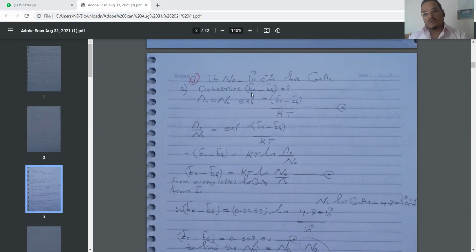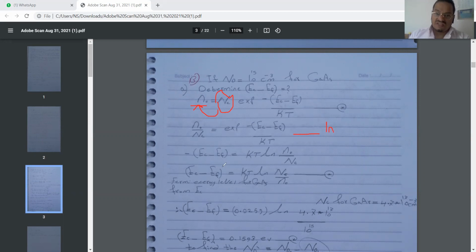By using the same equation, the same rule: the concentration of electrons equals the effective density of the conduction band, exponential minus EC minus EF divided by KT. By using the same trick, let me do that again. We will divide the concentration of electrons by the effective density of the conduction band, and take the log of both sides.